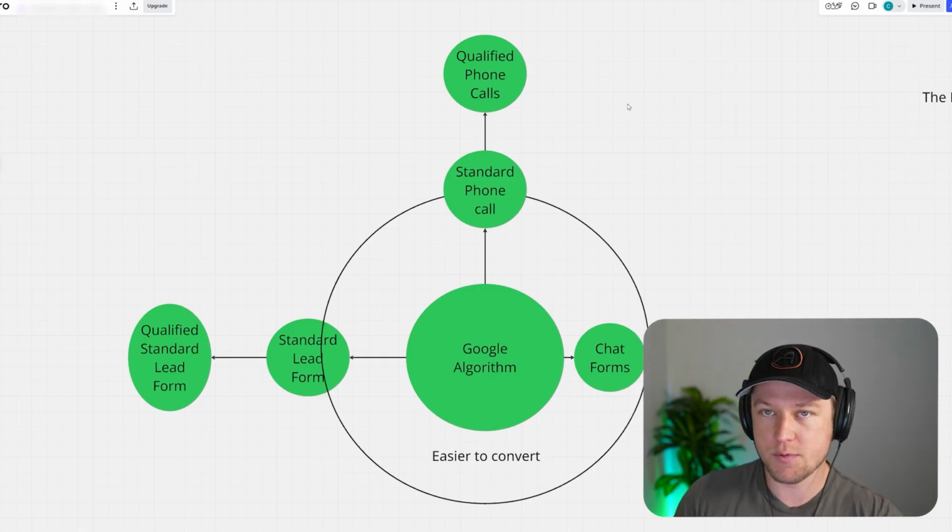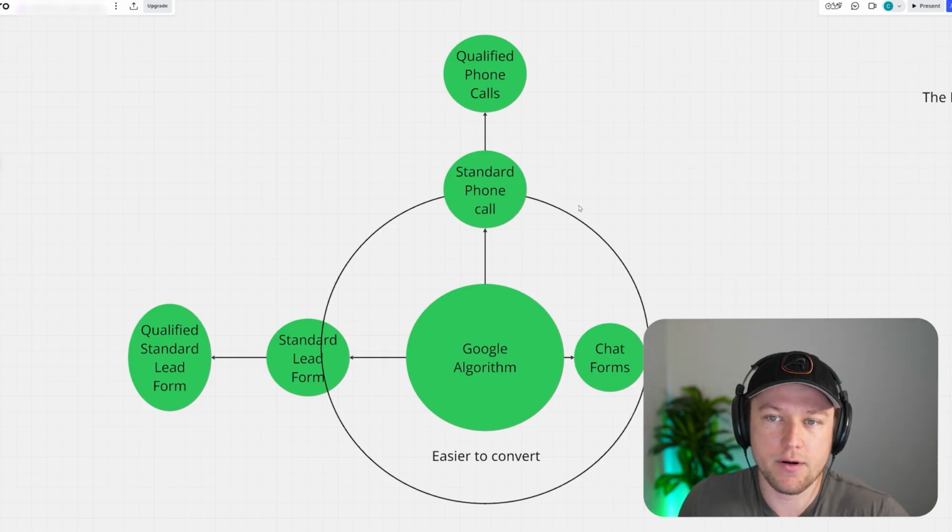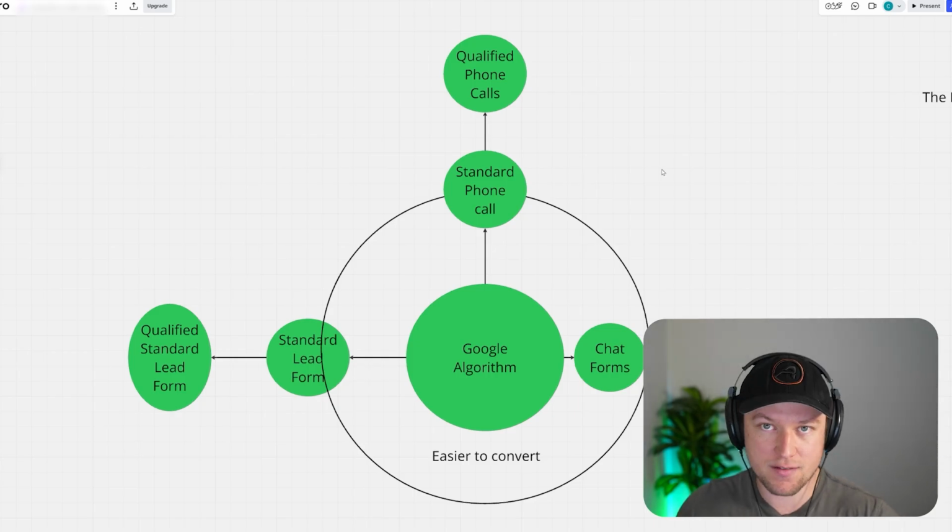But when it comes to baseline search, like finding your local plumber, this is a very, very good way to start. B2B is obviously going to be a little different, but I still believe qualified leads are the be-all, end-all when it comes to marketing as a metric.